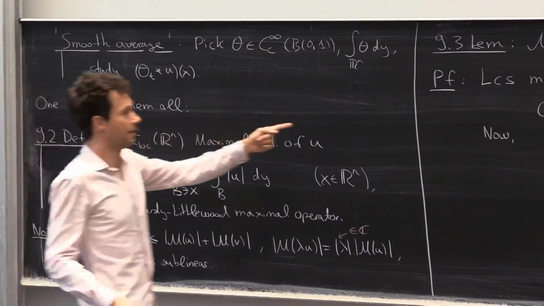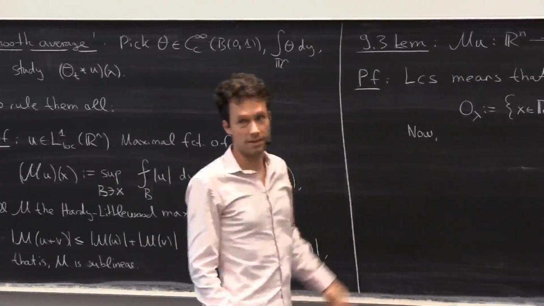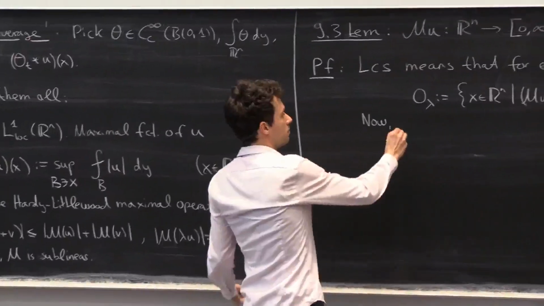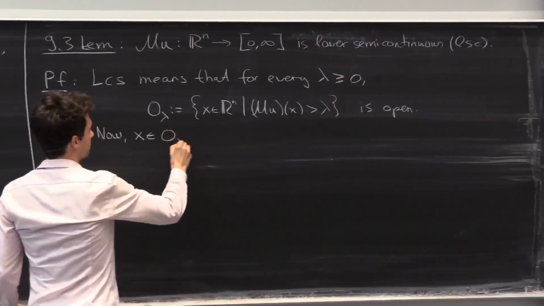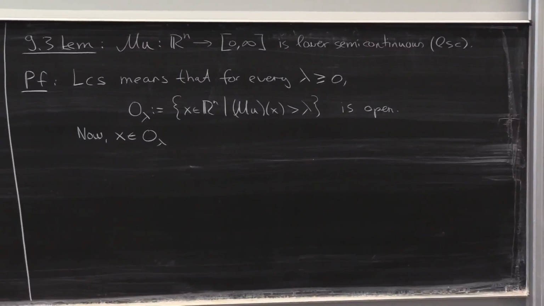In particular, this is going to be more or less a no-brainer. Because suppose that x would be in O lambda. I need to prove that O lambda is open, so I have to fit a neighborhood of x into O lambda.